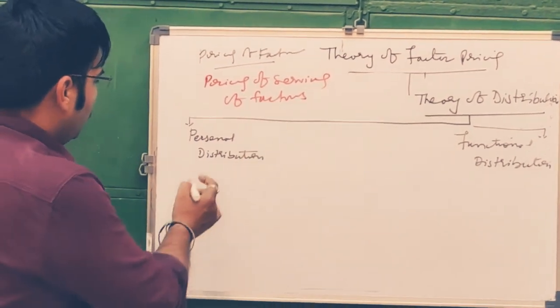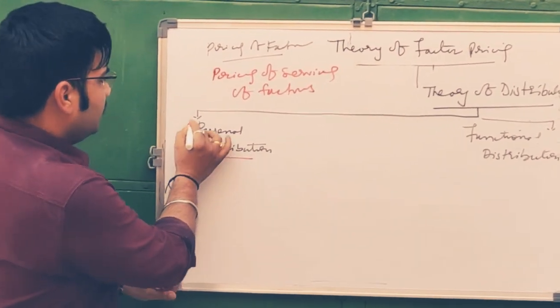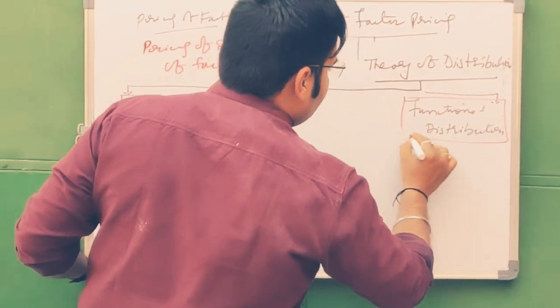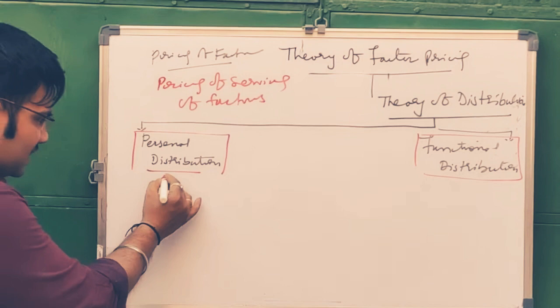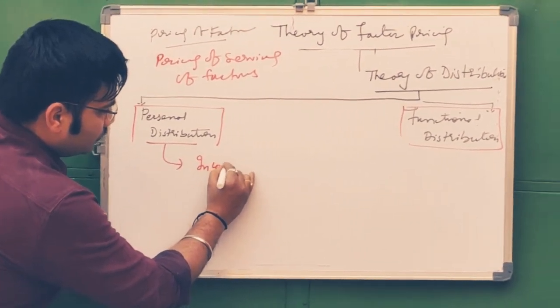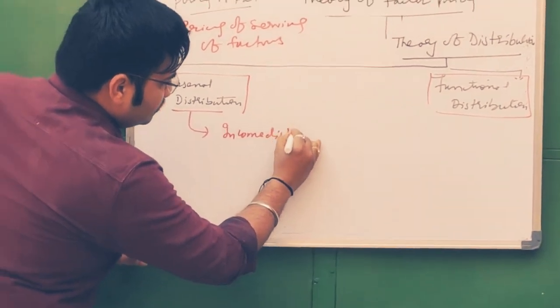Now we come to personal distribution and functional distribution. Personal distribution is related to income distribution.